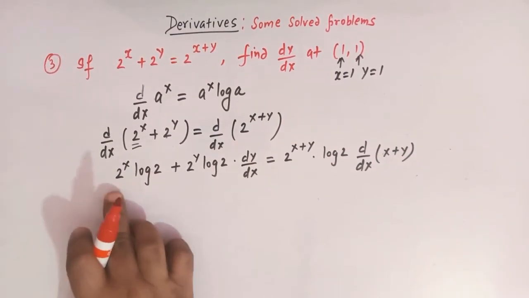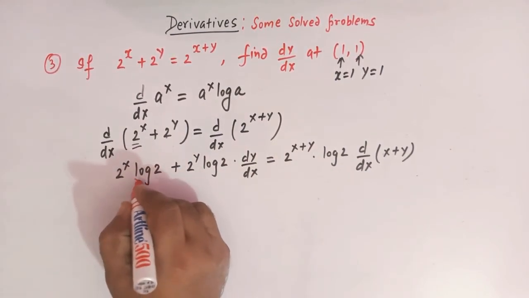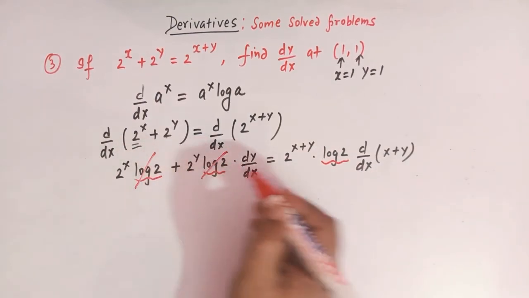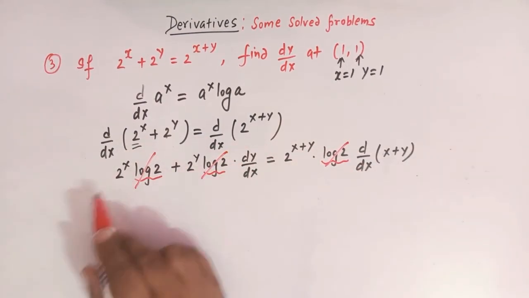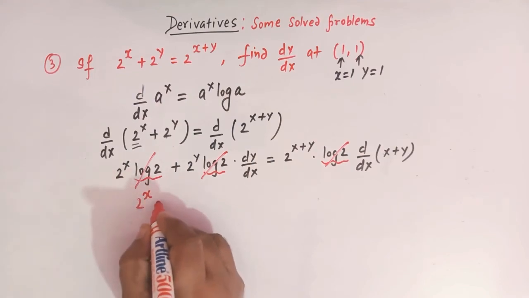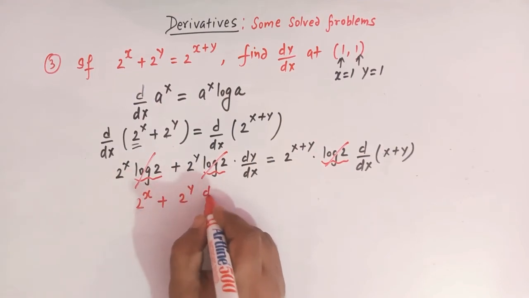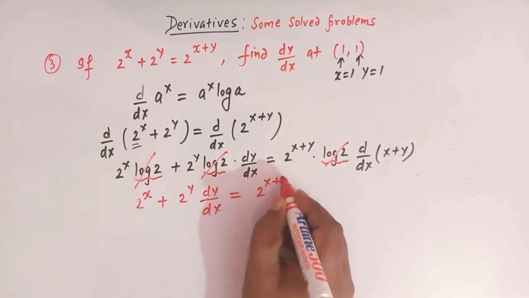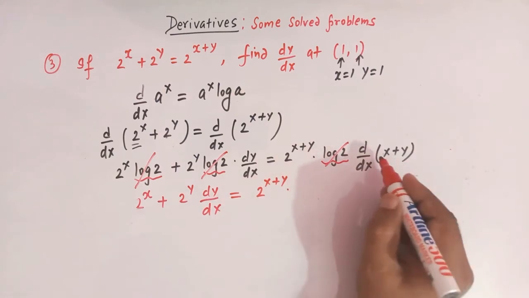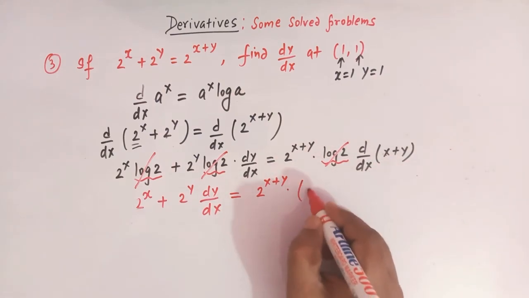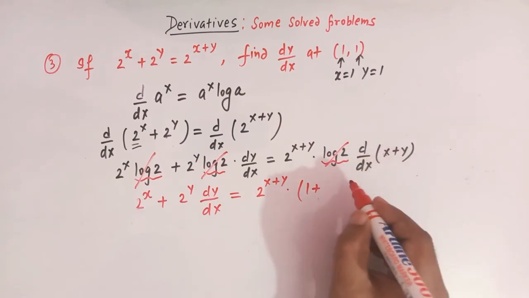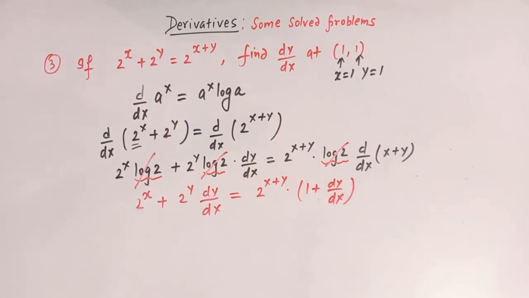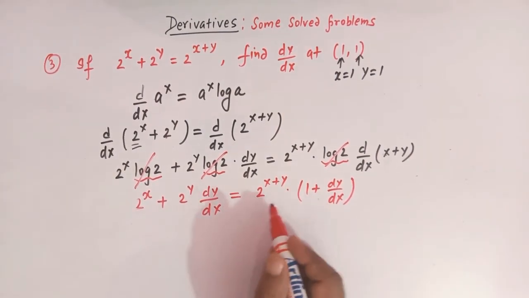So now let us simplify this expression. Log 2 appears in each term here, so we can cancel it out. By taking log 2 common here, we have 2 raised to x plus 2 raised to y dy over dx, and here we have 2 raised to x plus y, and here the derivative of x is 1, and the derivative of y with respect to x is simply dy over dx. Now let us simplify it further.